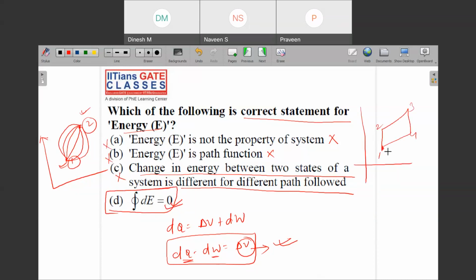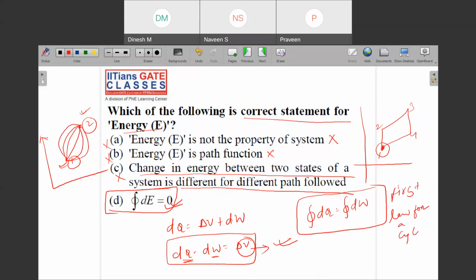Whenever they mention a cyclic integral, they will be asking what happens throughout the cycle. And we have seen that the cyclic integral of dQ is equal to the cyclic integral of dW, the first law for a cycle.